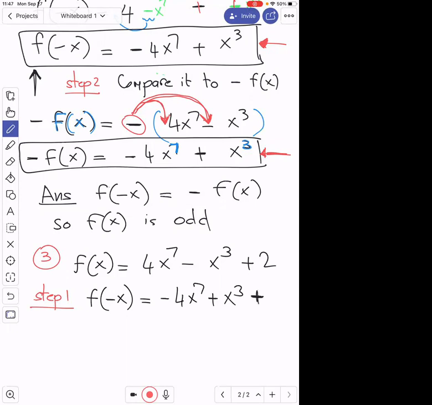It doesn't change because there's no x. So it's minus 4x to the 7 plus x cubed, and for the 2, I just keep the 2. There's no x there.